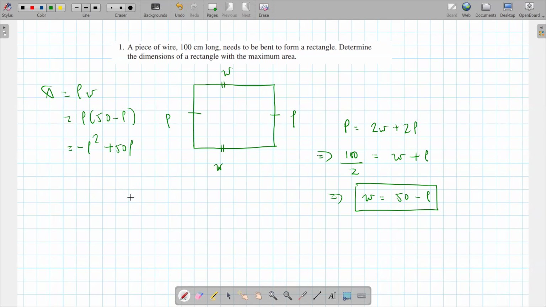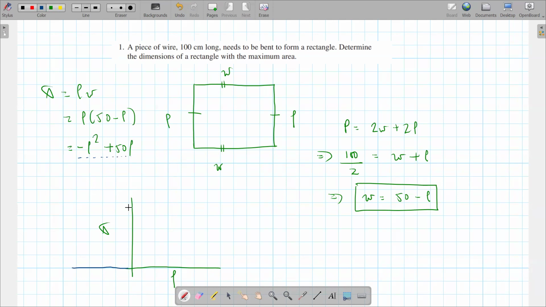On the y-axis we have our area, and on the x-axis we have our length. This is what it looks like, negative L squared plus 50L. What are the x-intercepts for this? It's a negative quadratic, so it opens downwards.